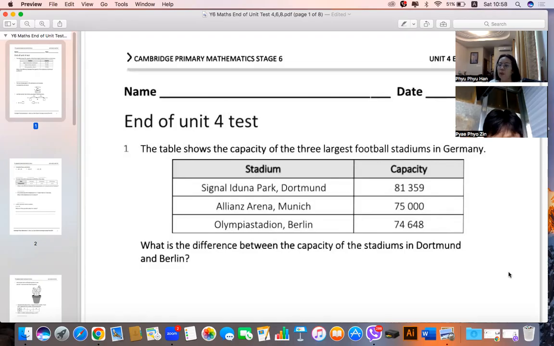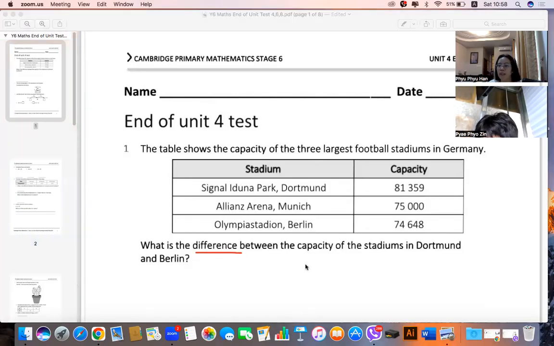The table shows the capacity of the 3 largest football stadiums in Germany. What is the difference between the capacity of the stadium Dortmund and Berlin? So what will you do? Minus. From which one to which one? You will minus Berlin from Dortmund. Okay, good.